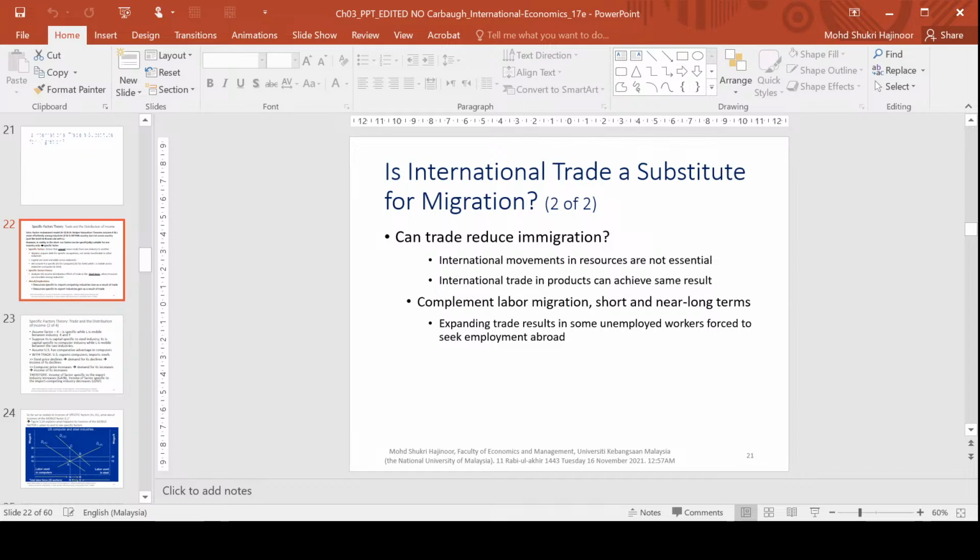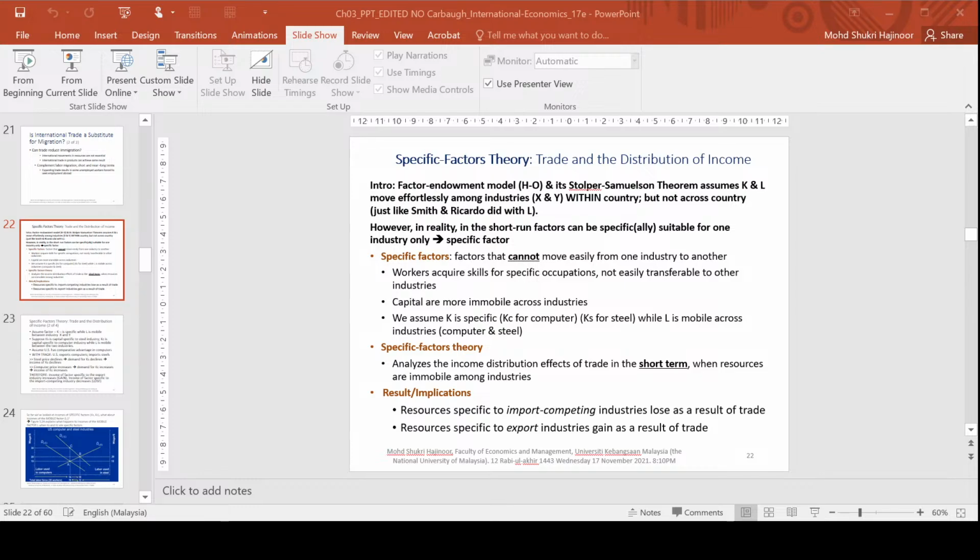We assume one of the factors is fixed or immobile, or in other words, the term here, specific factor.